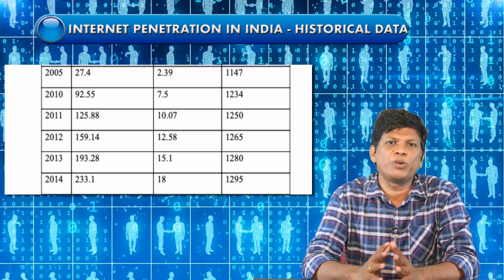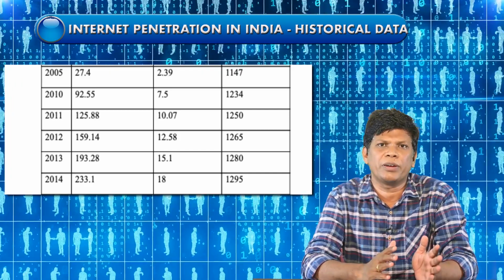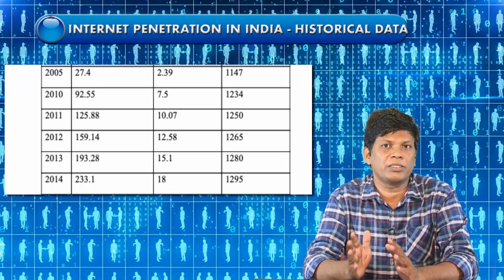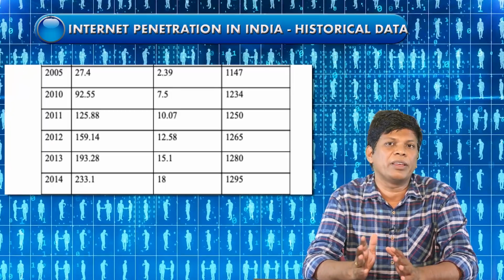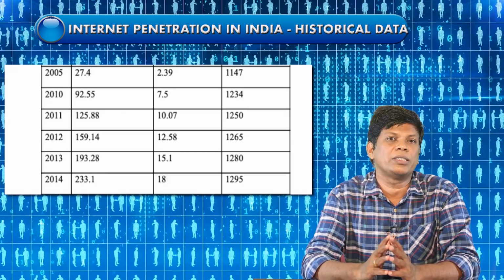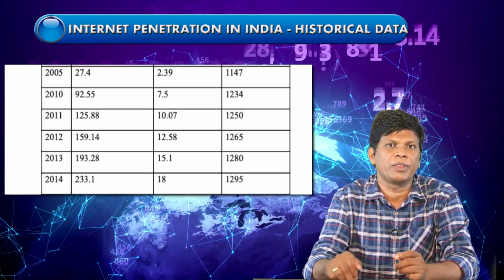By 2014, it doubled. In 2010 it was at 7.5%, in 2014 it's 18%. 18% of the population had internet connectivity, approximately 233 million users by 2014.